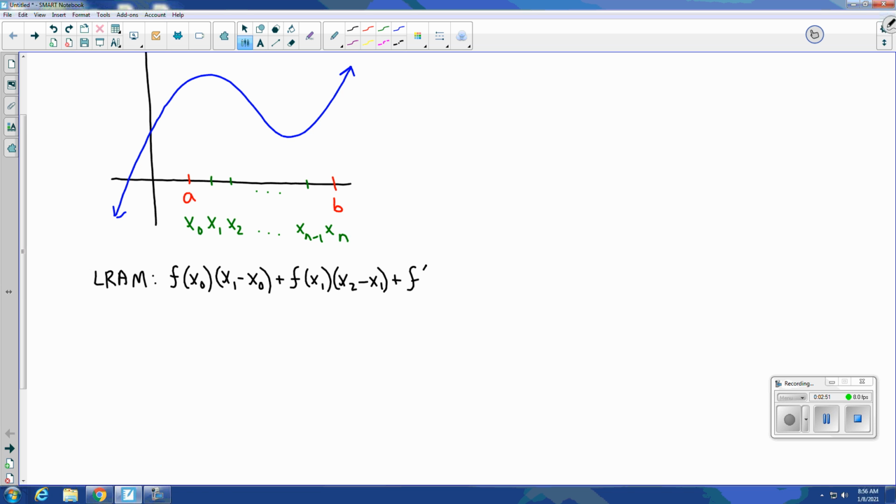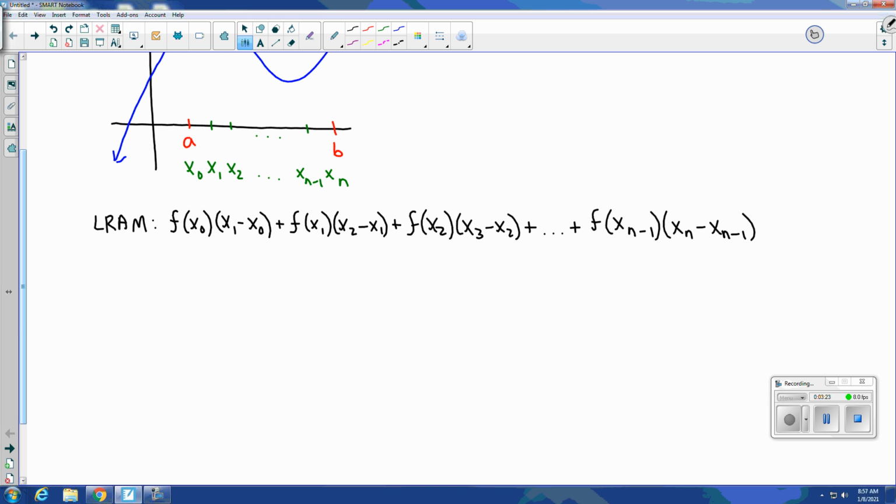And we could continue this process all the way up until the last subinterval. Now you could imagine when we have multiple rectangles to calculate, this is a pretty long expression to write.